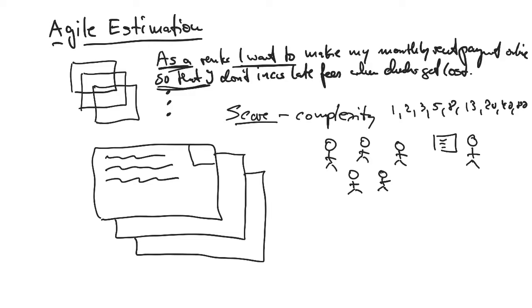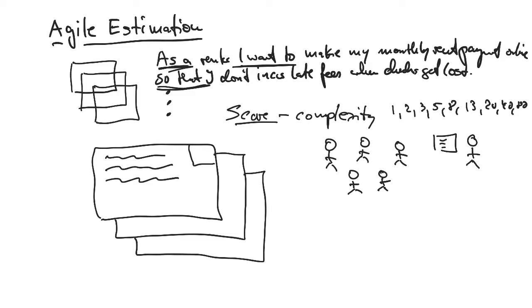Now, the actual number doesn't matter. The only thing that matters is that you score relatively consistently. That basically means if you score one story as 3 and one as 8, it means the story that you give 8 points to is about twice as hard to do than a story with 3. The actual number itself doesn't matter.